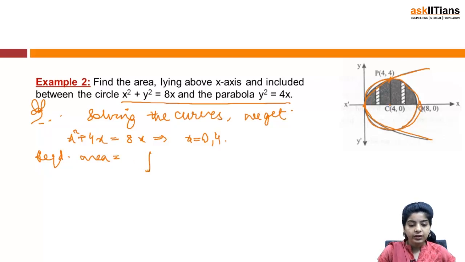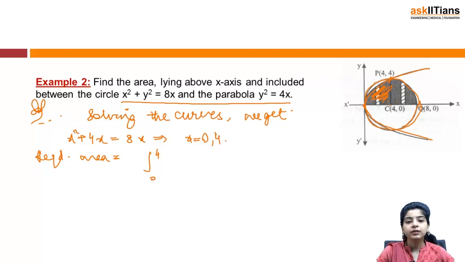So, required area is 0 to 4, and this area in 0 to 4, it will be area of circle, this whole area minus area enclosed by parabola. Sorry, we need to find out this shaded area. So, this area would be simply 0 to 4 area enclosed by parabola.